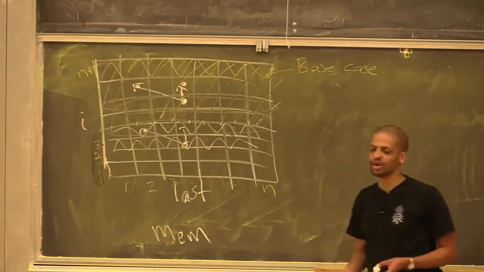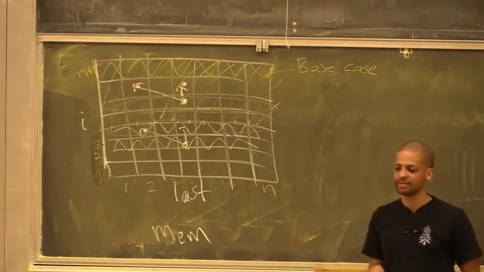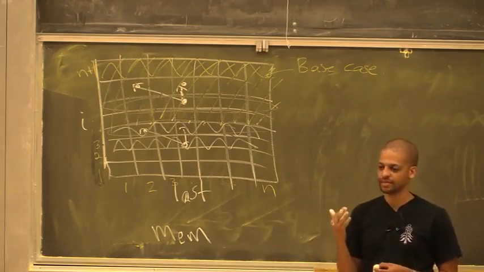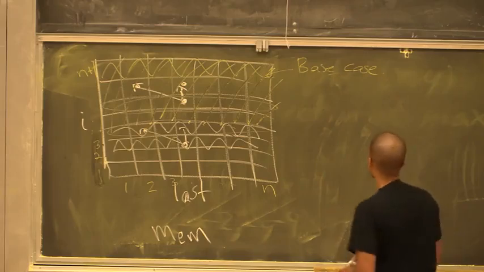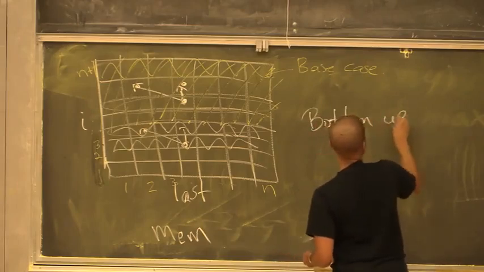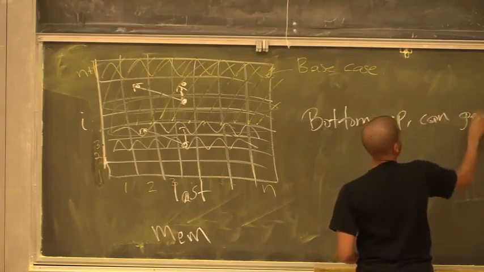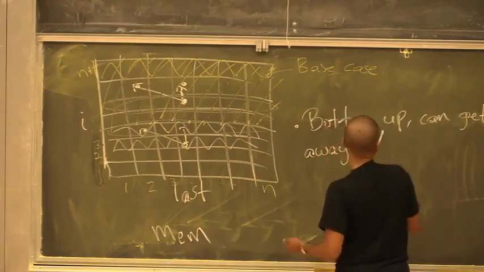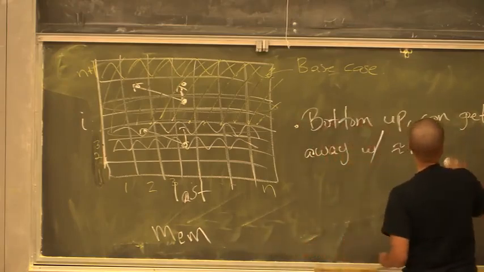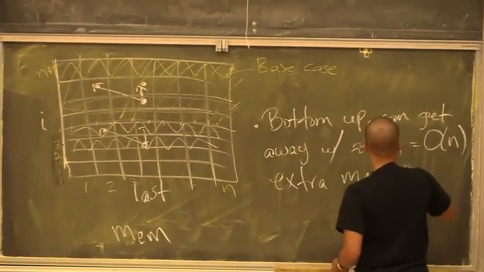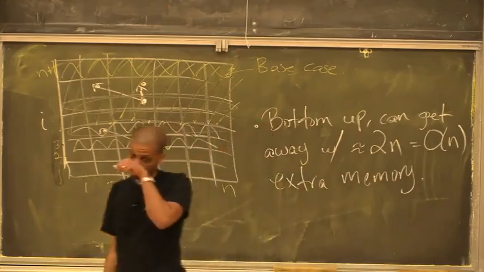I only need to keep 2 rows of the table in memory at any given time. And then when I move on to the next row, I can throw out the thing that was 2 rows in the past. Okay? So bottom up can get away with roughly 2n, which is O of n, extra memory, instead of n squared.